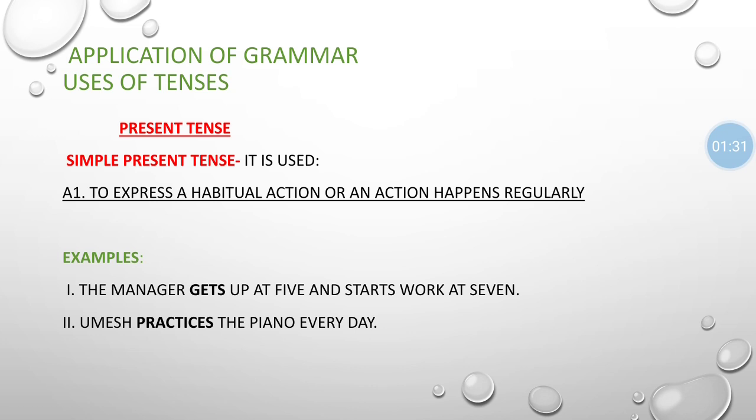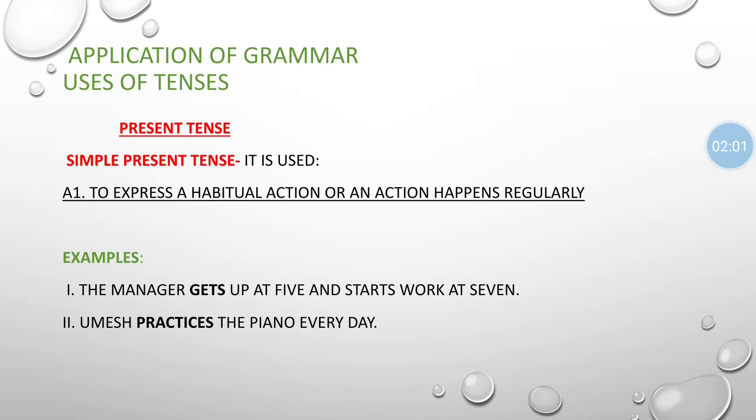We already understood that in present tense the action is in present time, in past tense the action is totally over or completed, and in the future the action will be completed in future. First of all, present tense. In present tense, the action is complete in present time.